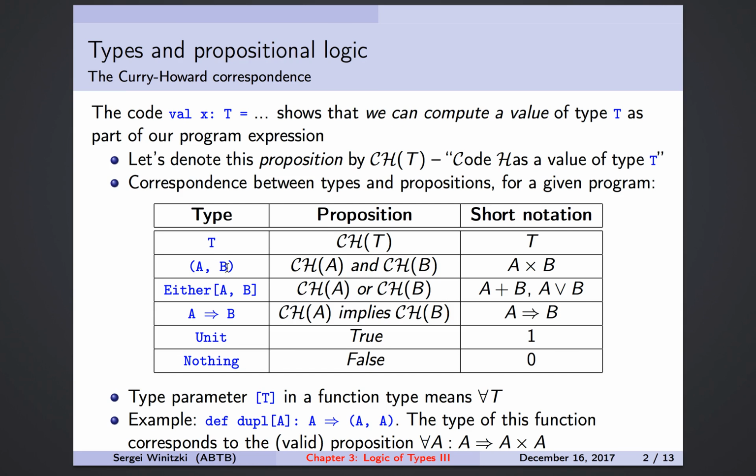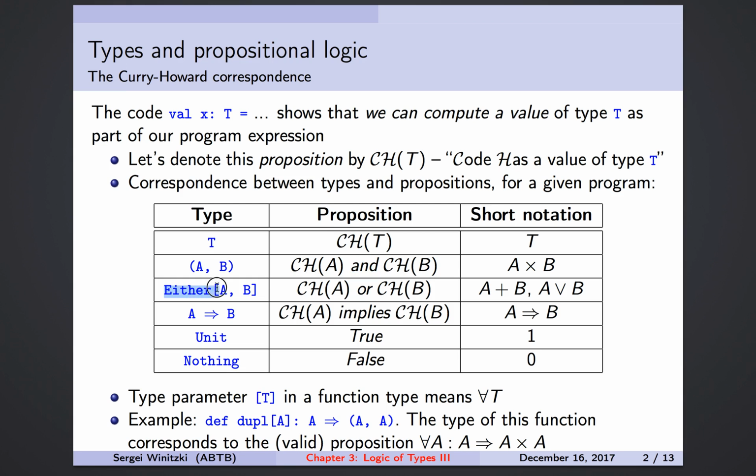You cannot have a tuple if you don't have both parts of the tuple. So the proposition, therefore, is that your code has a and also your code has b. So this is a logical AND operation on the propositions, also called conjunction.